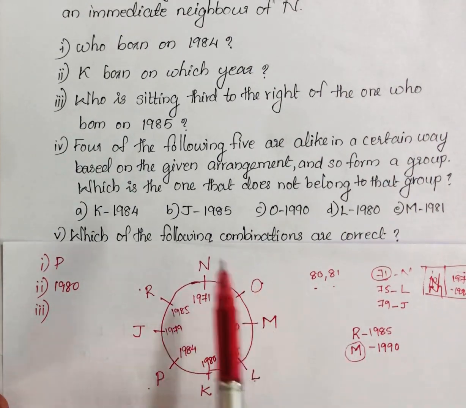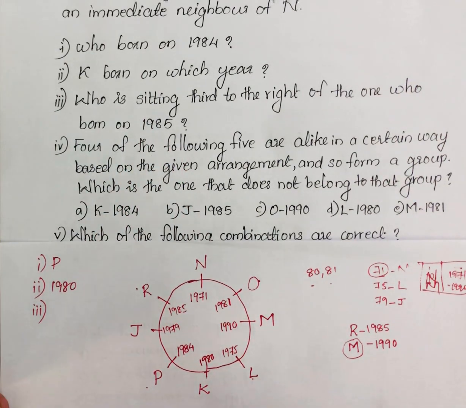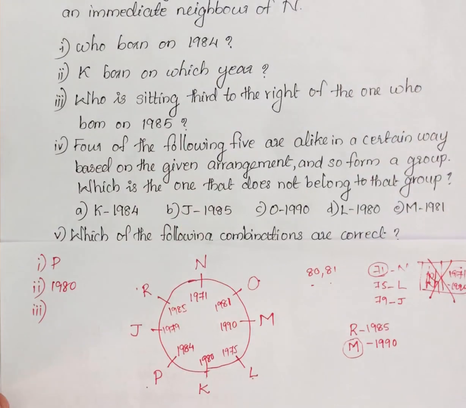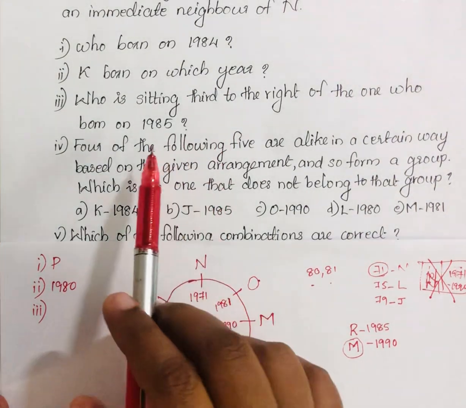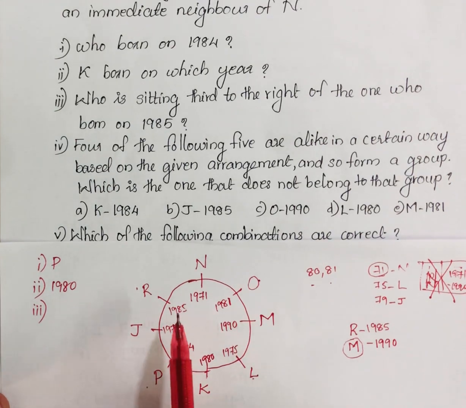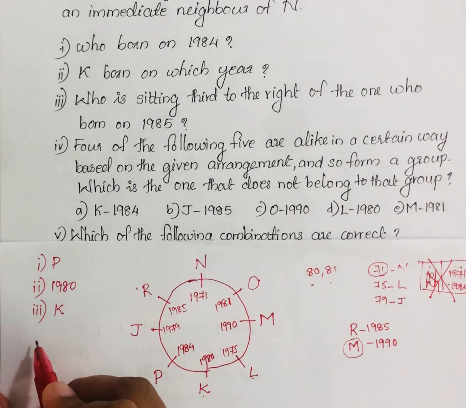At that time, this type of question will be very difficult to answer. Otherwise, if you write that full thing in the same diagram, we can easily answer that question. Who is sitting third to the right of the one who was born in 85? 85, already we know that it is R. So first, second, third. The third person to the right of the one who was born in 85 is K.